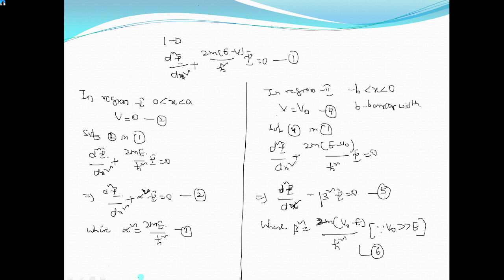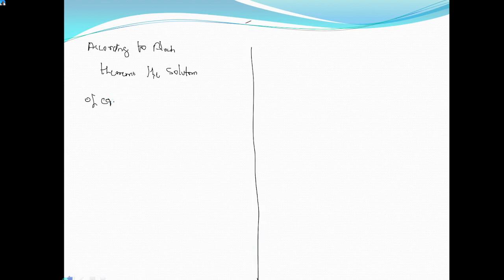Now, according to the Bloch theorem, this is one form of the Schrodinger wave equation, and this is another form of the Schrodinger wave equation. So according to the Bloch theorem, what is the solution of those two? What are the equations I have?